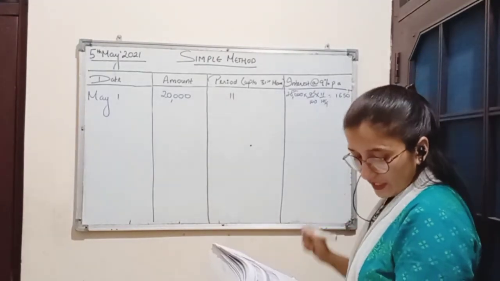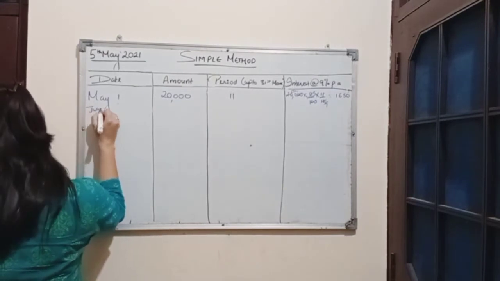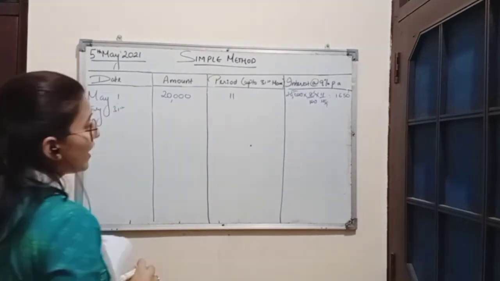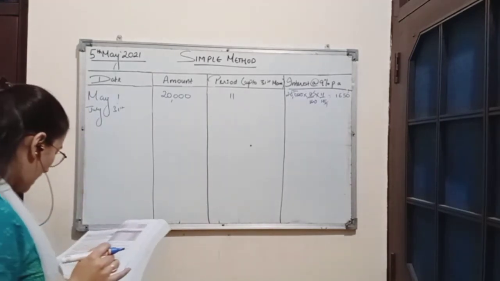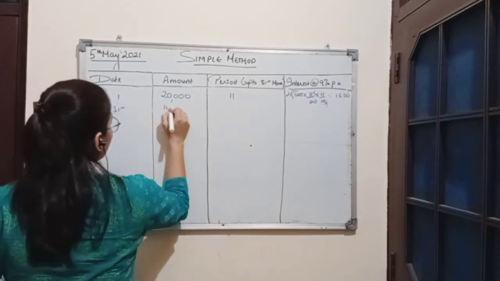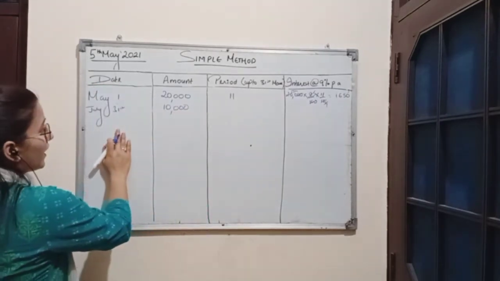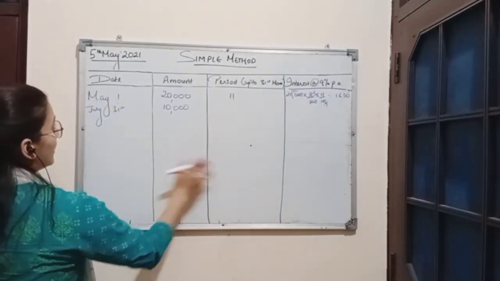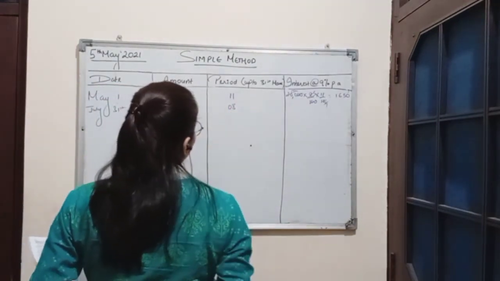Now, the next date is 31st July. Charu has withdrawn the second amount of drawings on 31st July and the amount is rupees 10,000. So from 31st July to 31st March, the months will be 8 months.